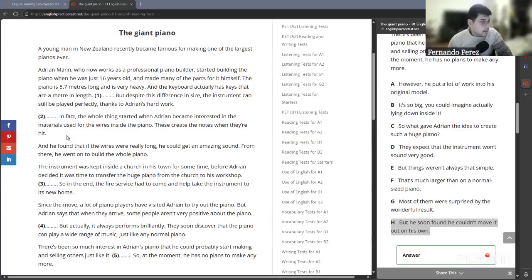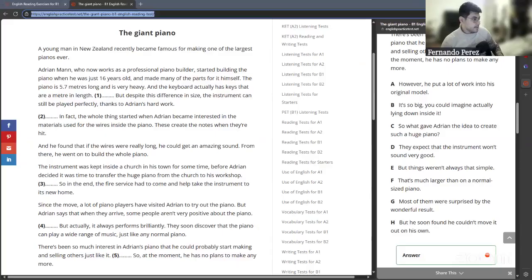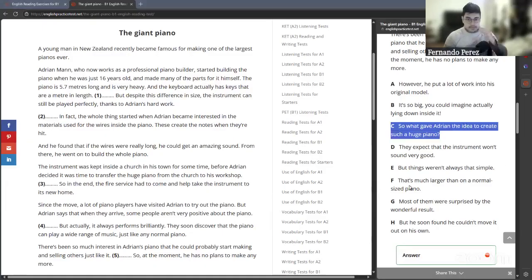Well, my option would be letter A. In the answers, let me put it over here so you don't get spoiled. It's letter C. I am incorrect. So what gave Adrian the idea to create such a huge piano? In fact, the whole thing started when.